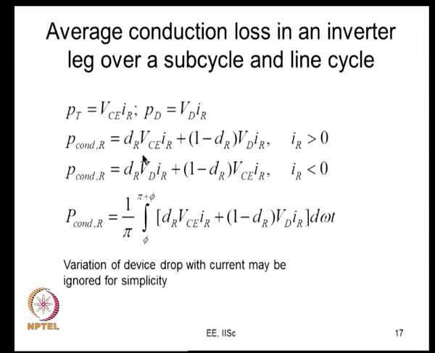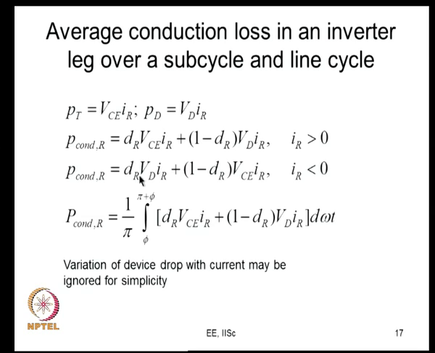So, from subcycle to subcycle these terms vary, and they vary like this over a half cycle. The variation in one half cycle and the variation in the second half cycle are supposed to be identical, because that depends on whether your PWM is done symmetrically. So, you should not have a problem. That is, let us say your maximum duty ratio is something like 0.8 and minimum duty ratio is 0.2.